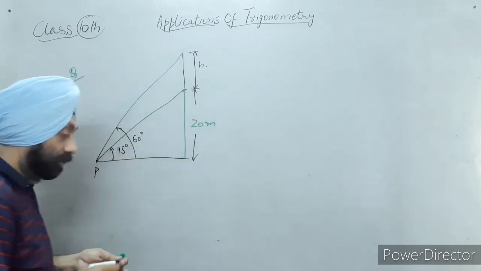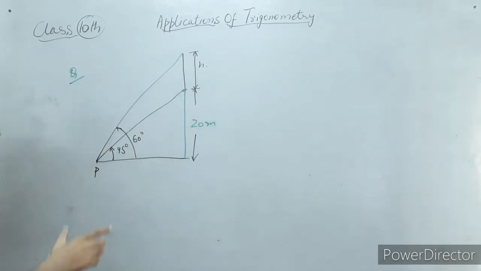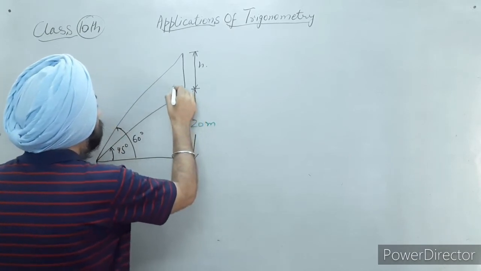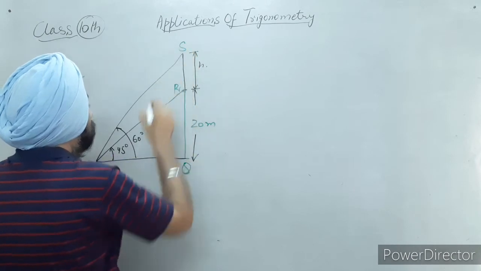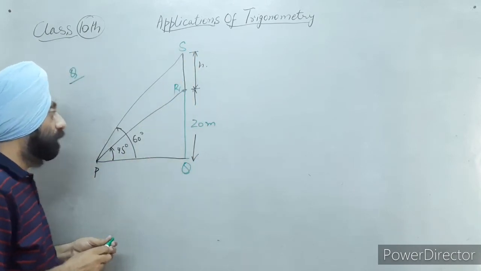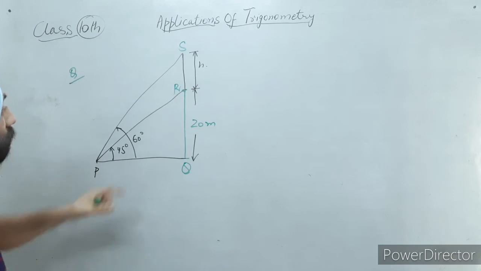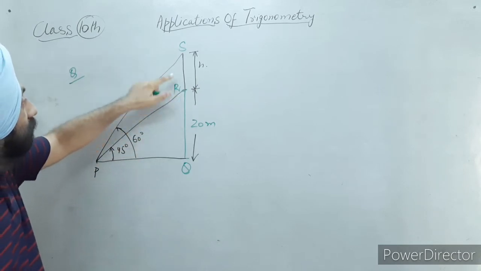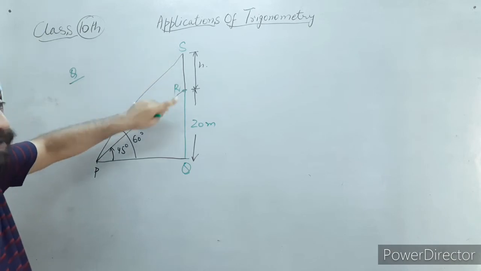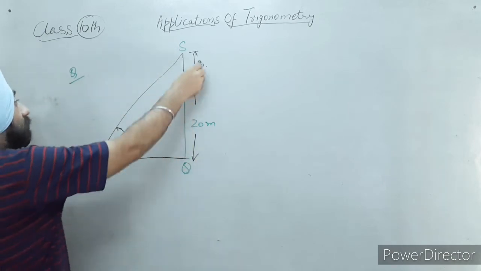Listen to the question. Try to understand the question over here. I have a building RQ, height is given to me as 20 meters. On the top of this building, a transmission tower is fitted, that is SR. I don't know its height, I have to find its height.